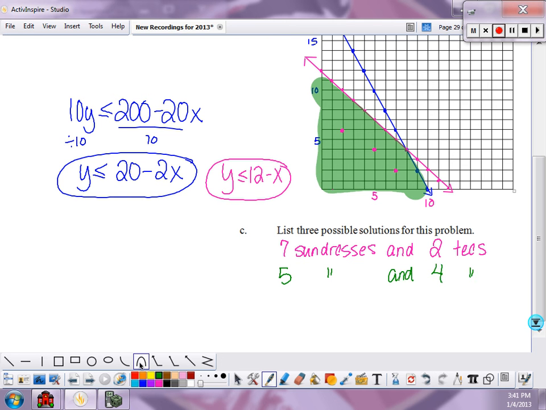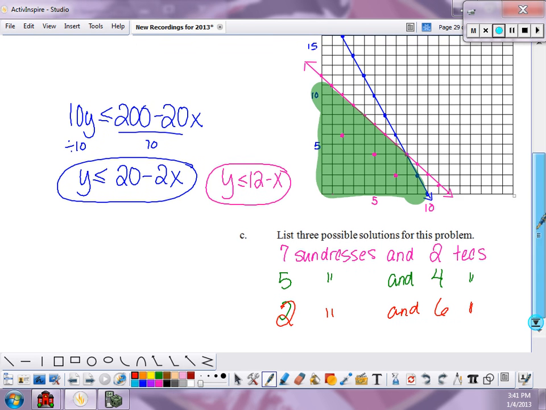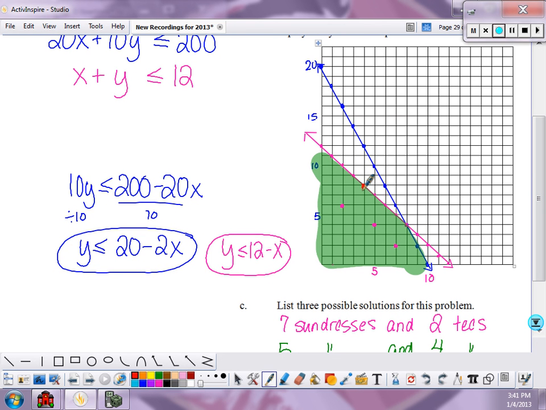Or I could do 2 sundresses and 6 T's. So all 3 of those would be possible answers. You also could answer on the line. One of the points on the line would count because it's a solid line.